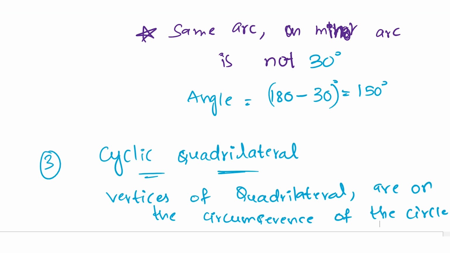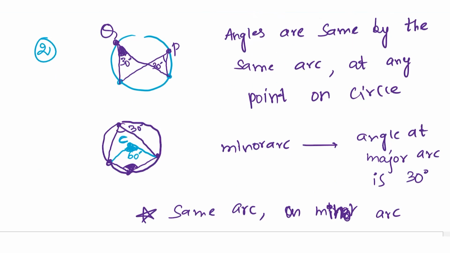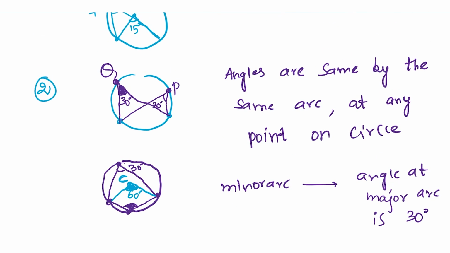So in the earlier shape, let's say this is A, B, C, D. So ABCD is a cyclic quadrilateral.